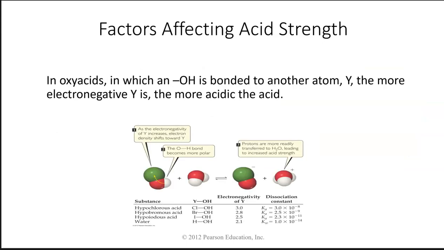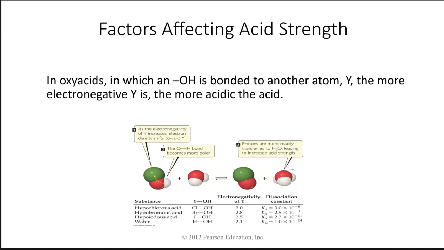Oxyacids are acids in which we have some sort of halogen with an OH group attached to it. What we find with that is as we attach more electronegative elements, the more acidic it becomes. So H2O, the very bottom one on that list, has some electronegativity, but the dissociation constant's relatively small.